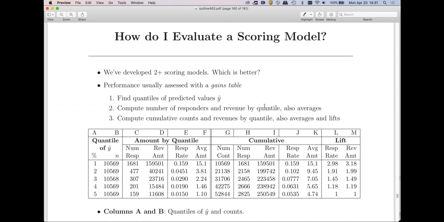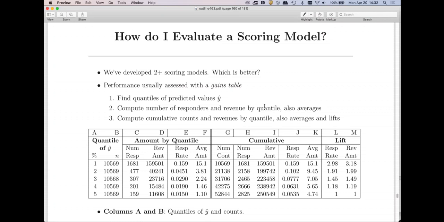Marketers really aren't trying to achieve accurate predictions. They want to make money, right? They want to generate responses and they want to generate revenue. Those are the two things that marketers really care about. Usually when you have a model that fits well, you get high responses and high revenues.